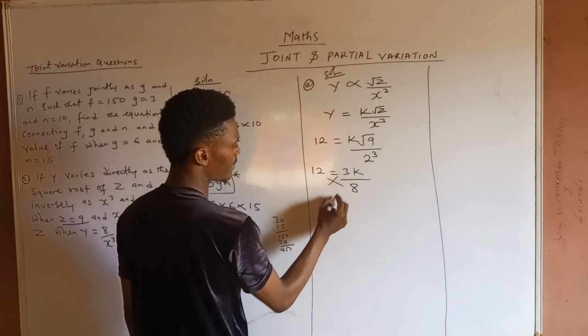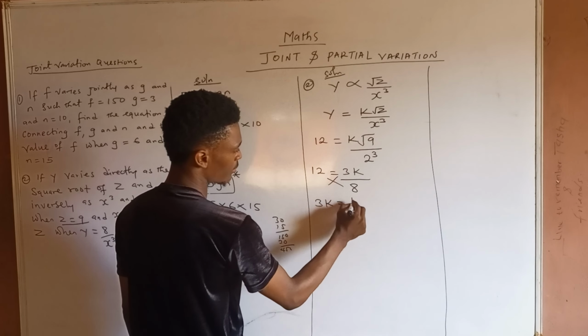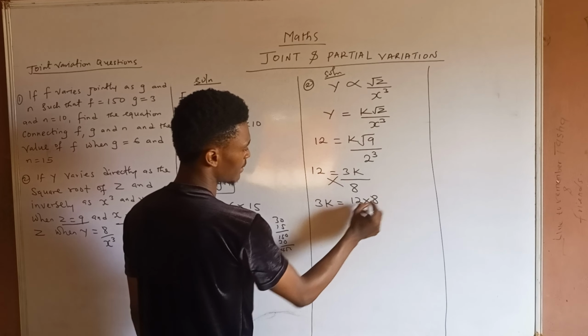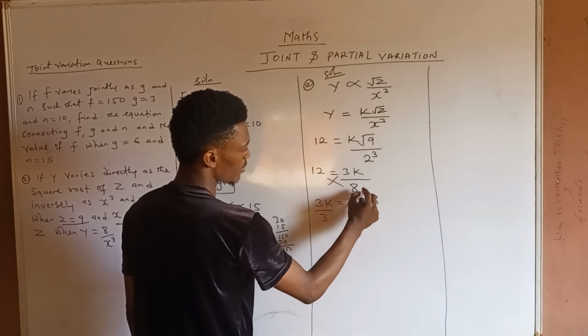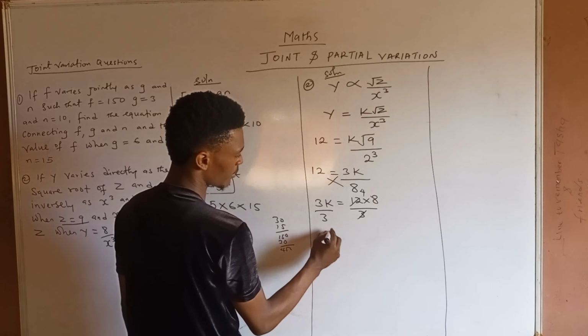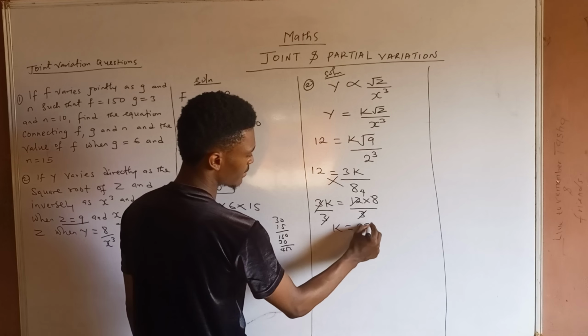So when you cross multiply, 3k is equal to 12 times 8. And of course, when you divide both sides by 3, 3 into 12 is 4, and then 4 times 8 is 32. So your k is 32.